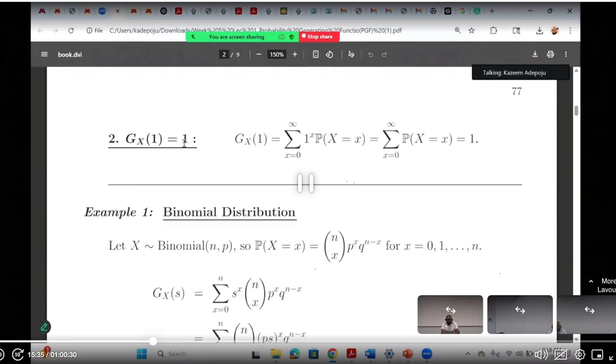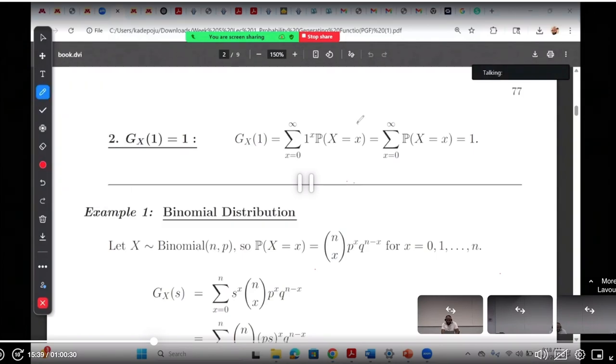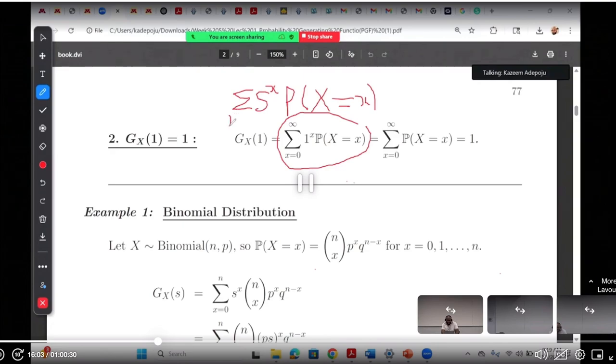Now, this is the formula. You take a look at this. What are we doing? This is the summation of s raised to power x, the probability of x equal to this, where x starts from 0 to infinity.